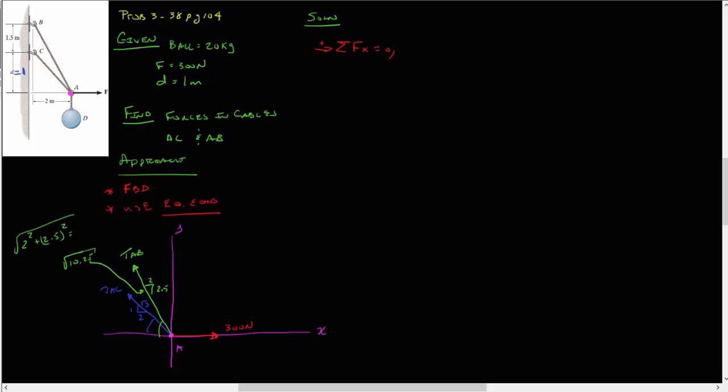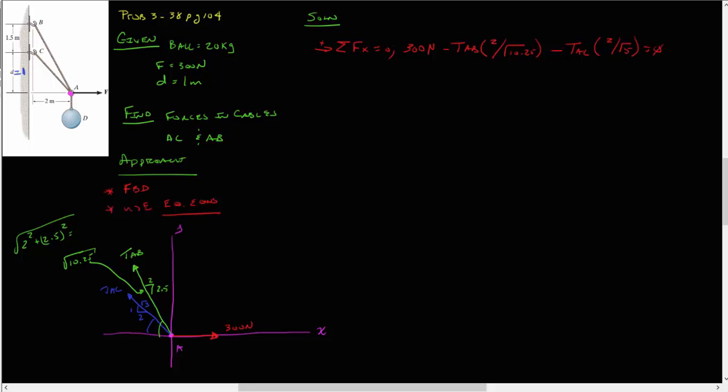So I can say 300 newtons, because that's going positive, minus tension AB times 2 over the square root of 10.25 minus tension AC times 2 over the square root of 5 is equal to 0.